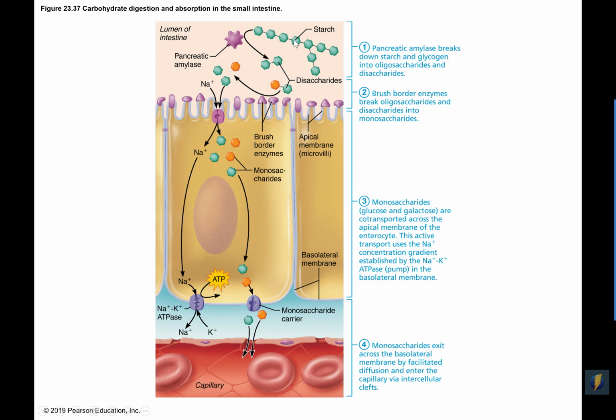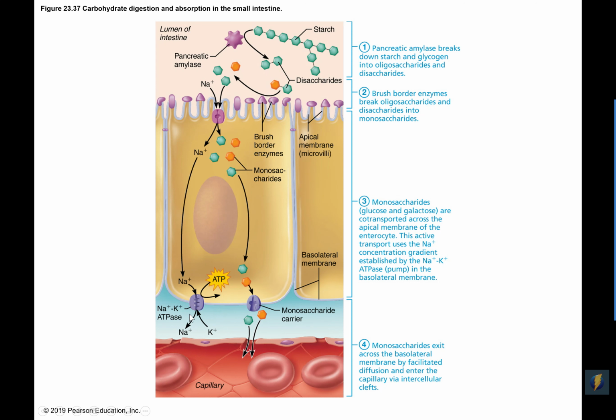Here we've got a little bit of starch, some disaccharides, and some pancreatic amylase helping break down that starch into some disaccharides. Then we're using these brush border enzymes ultimately to get our 2 monomers, and then the monomers are taken up by active transport. The way this active transport works is we use the sodium-potassium pump down here on what we call the basolateral surface, the surface closer to the capillary.